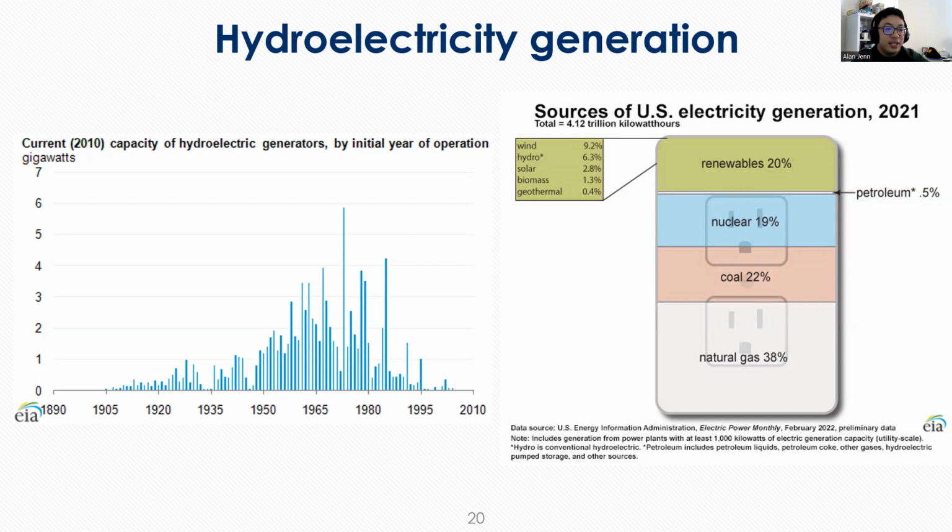People talk about solar and wind all the time, but for a long period of time, hydro was one of the cheapest electricity generating resources, and it generated most of the renewable generation until pretty recently. Wind has just started to take over.